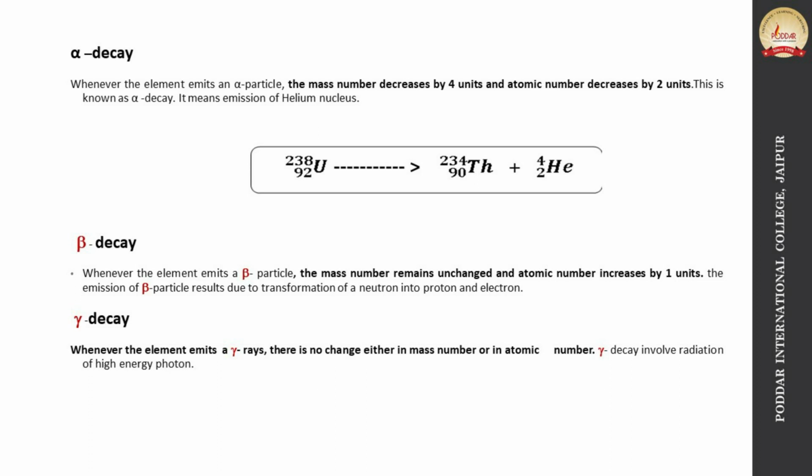In gamma decay, whenever the element emits gamma rays, there is no change in either the mass number or the atomic number, and gamma decay involves the radiation of high energy photons.